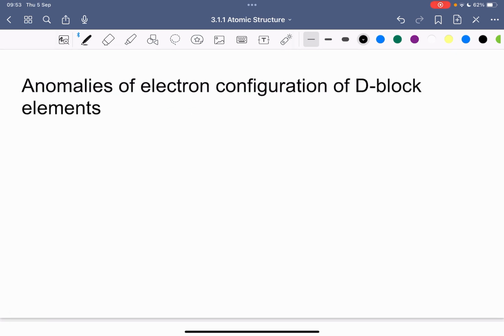Now there are two anomalies that you need to know for the electron configuration of D block elements. For chromium, the electron configuration you'd expect is 1s2, 2s2, 2p6, 3s2, 3p6, 4s2, and then 3d4.